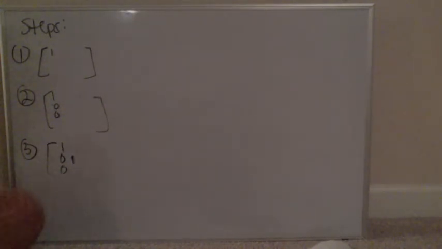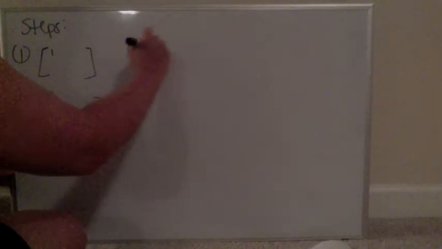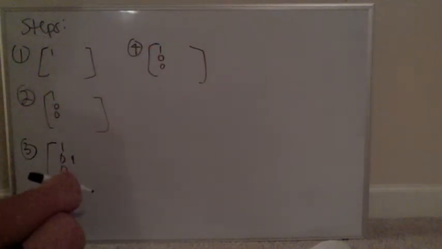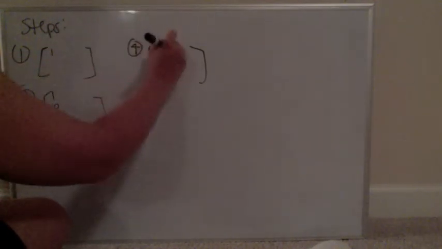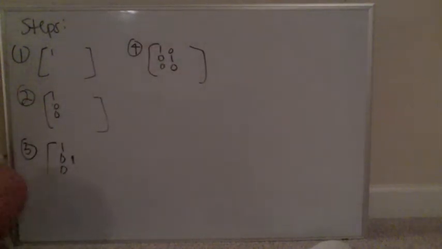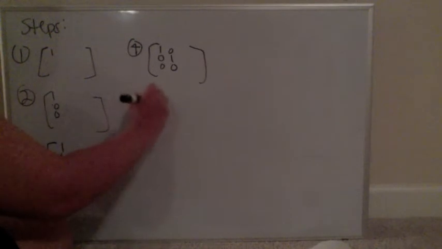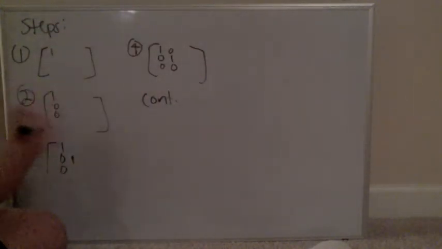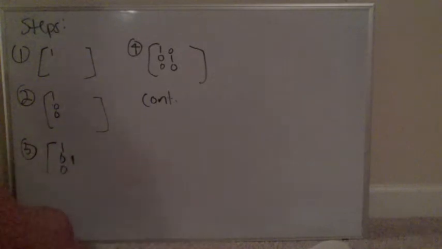Now after that, so we have a 1 here, these are 0s, we'll have a 1 there. You'll need to turn everything else that's in that same column into a 0. Then you just can continue on depending on how many rows and columns that you have. All right, let's actually see one.